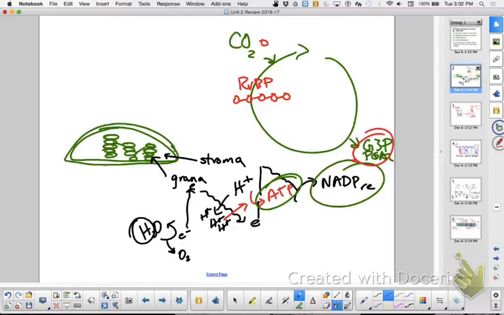Use some ATP to build 3C5 plus 3C1 makes 3C6. Break down to 6C3. Use some ATP. Use some reduced NADP on your 6C3. Take one away, glucose. And you're left with 5. Use some ATP to build 3C5 plus, stop.